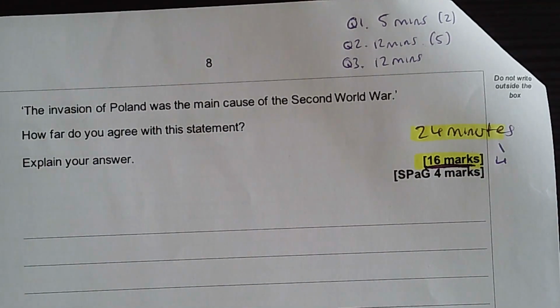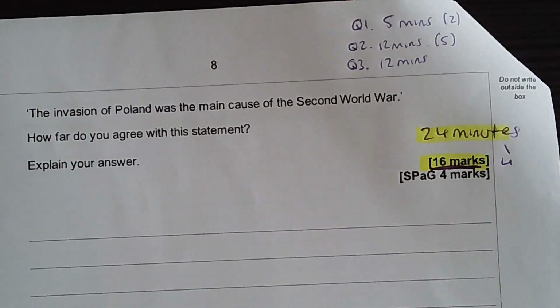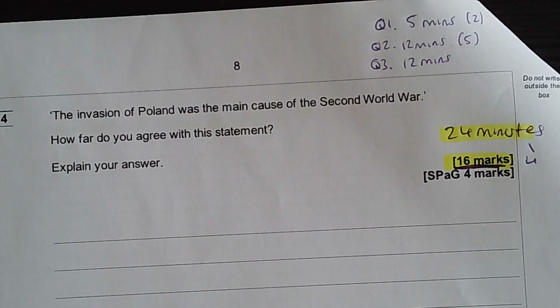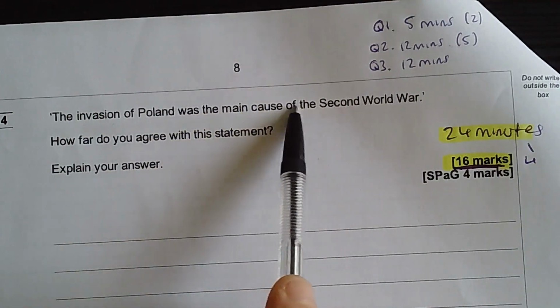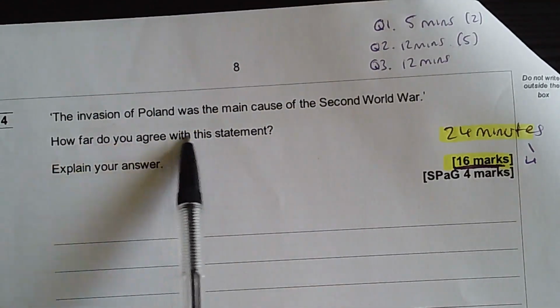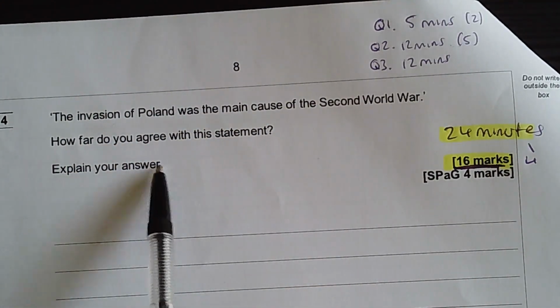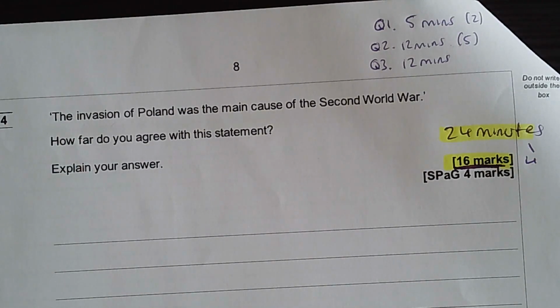Okay, so I've taken you through the timings, and now what we need to do is go through the normal process. The first thing we do is read through the question. The question says, the invasion of Poland was the main cause of the Second World War. How far do you agree with this statement? Explain your answer. So I need to ask myself, what part of history is this question asking me about?